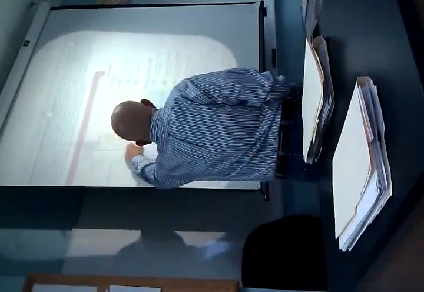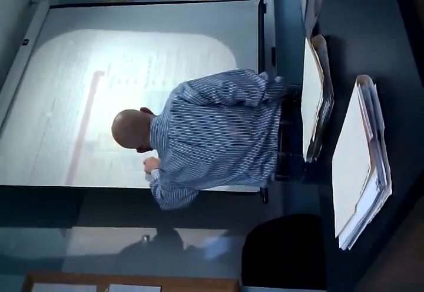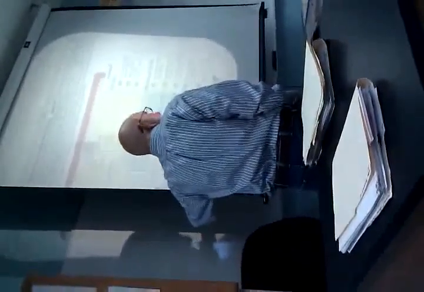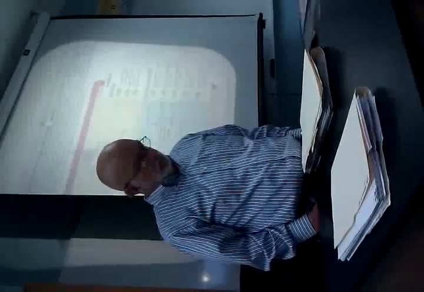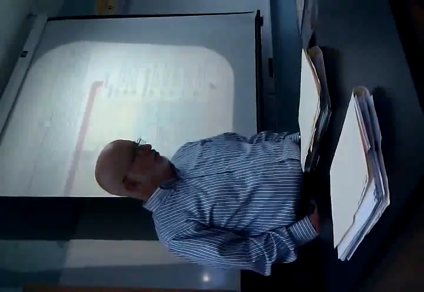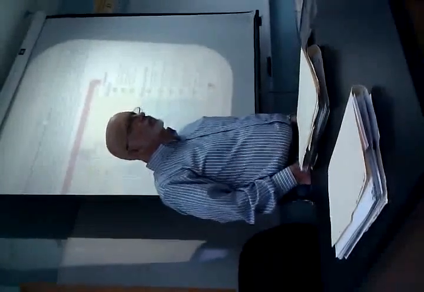Now, for you to get the pyruvic acid into the mitochondria where it can be processed aerobically, that means in the presence of oxygen, it's got to go through a process called decarboxylation. And this is how that's going to happen.